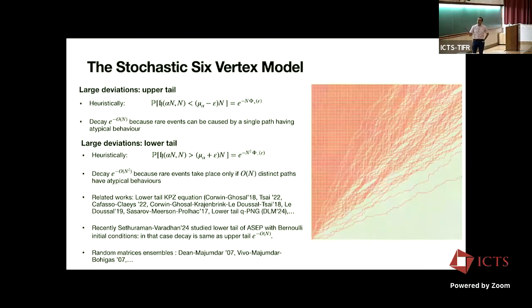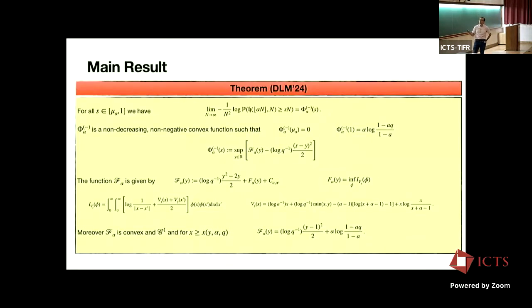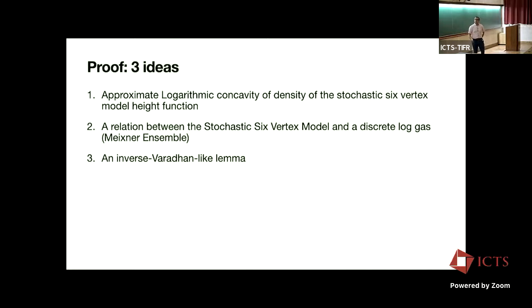In our case, we don't possess an explicit expression. We only have its characterization as a minimizer of a certain energy of a logarithmic gas, or log gas, and so this makes our analysis more complicated. So the proof of this theorem includes 3 ideas, which I want to enumerate in the following 24 minutes. Wow, it seems like a lot, 24.